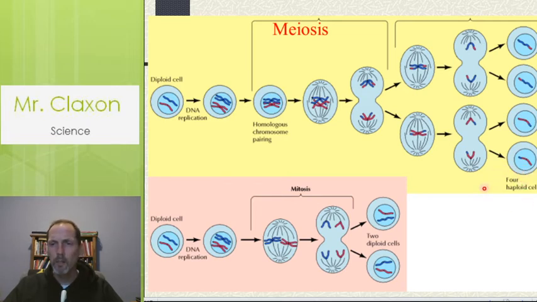A lot of definitions here you probably don't know yet, but they call that a haploid cell. In mitosis, here at the bottom, you end up with 2 cells, and they are identical, and they're calling those diploid cells because they have the full set of chromosomes, both pairs of chromosomes.